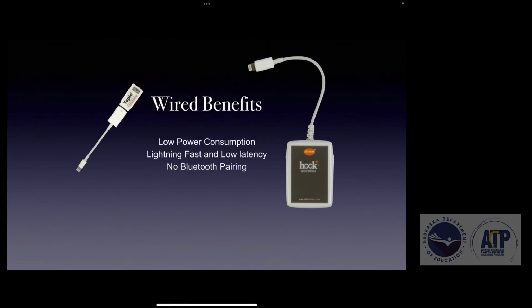The benefits of having it wired: there's low power consumption. It's lightning fast, which means you hit your switch and it automatically sends that command to the computer. There's no delay that there might be with a wireless solution, so you have very low latency. There is no Bluetooth pairing. You just plug it in and it will start pairing at that point.